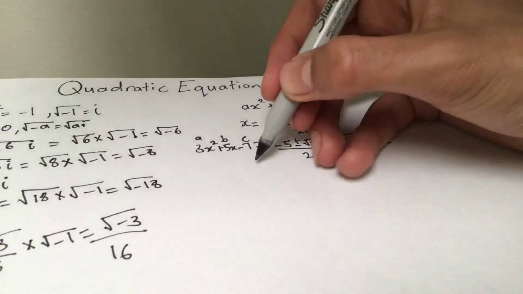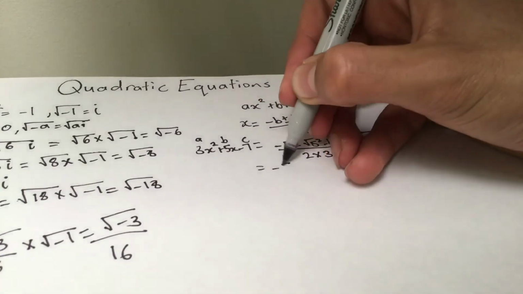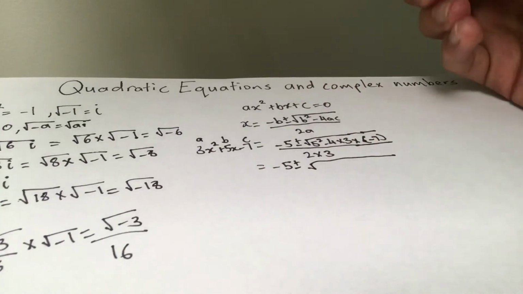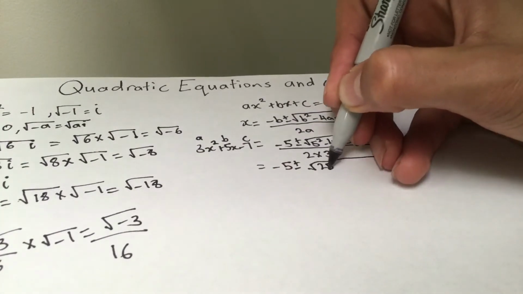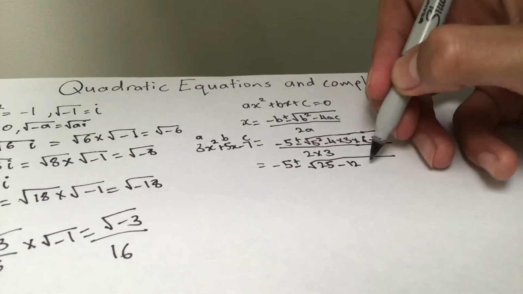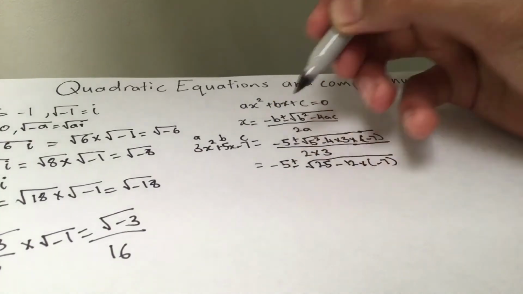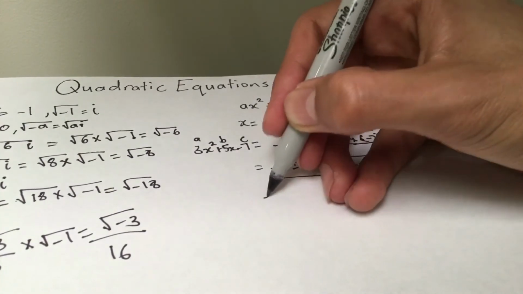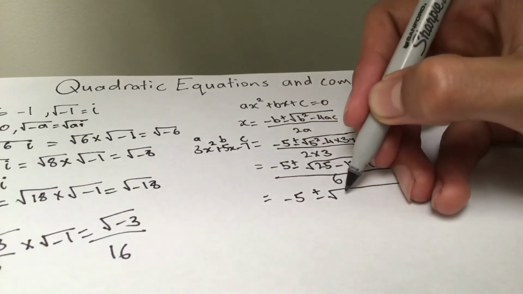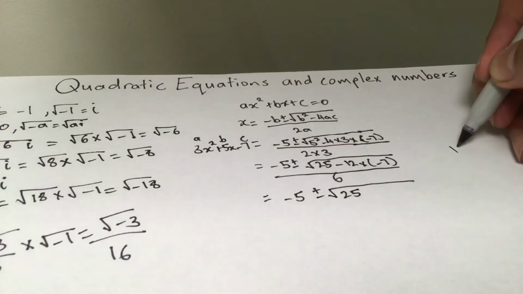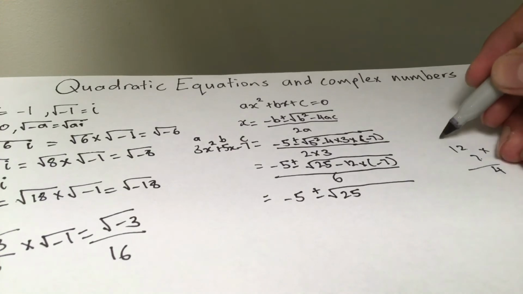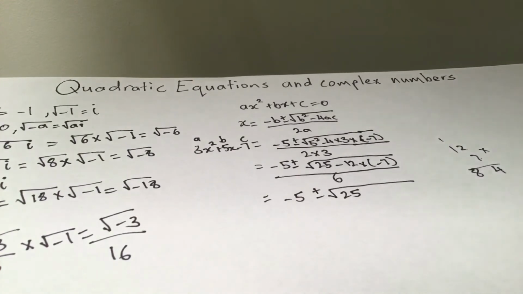So what's the next step? Now we have to simplify it. 5 squared equals 25, minus 4 times 3, which is 12, times -7, all over 6. So -5 plus or minus the square root of 25, and then on the side, 12 times 7: 2 times 7 is 14, carry the 1, and we get 84.